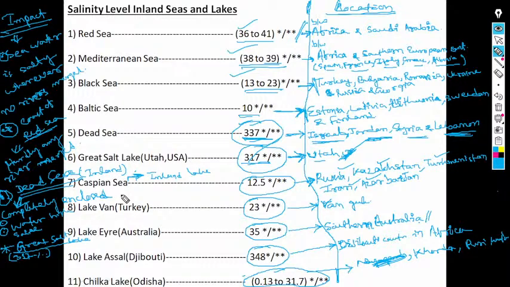Next we will see Lake Van, Turkey, which is also the same thing. Then Lake Eyre, Australia.